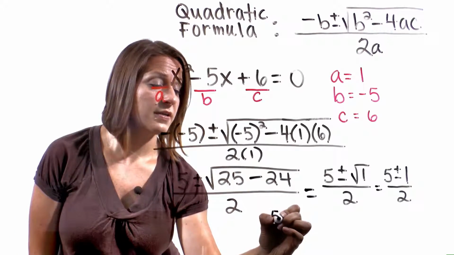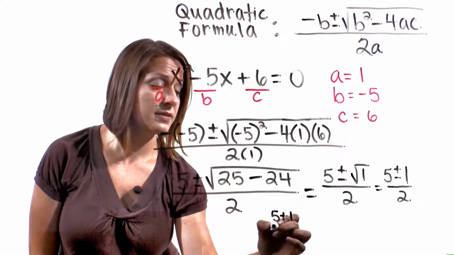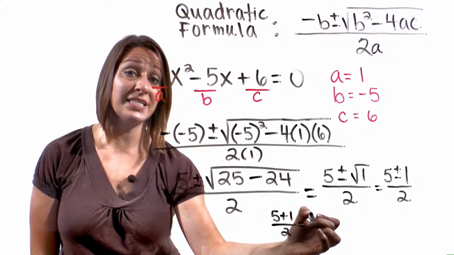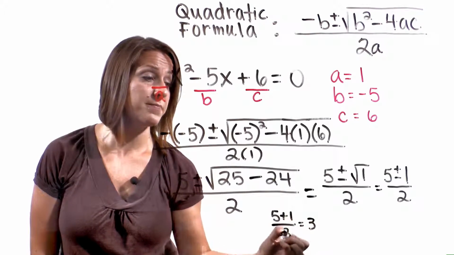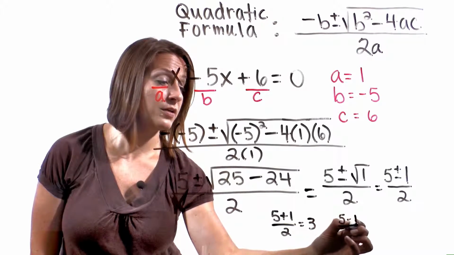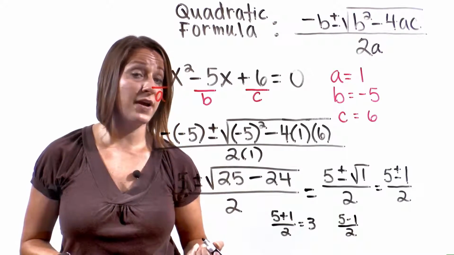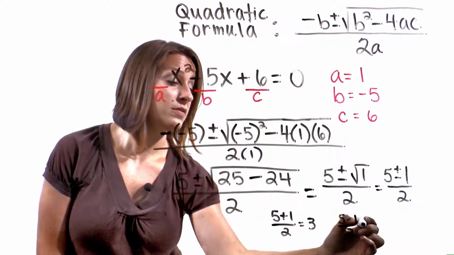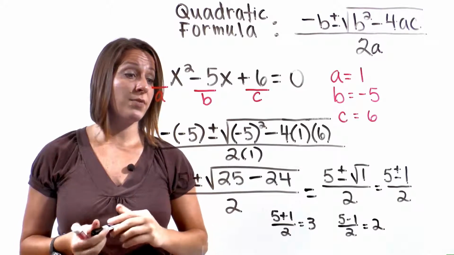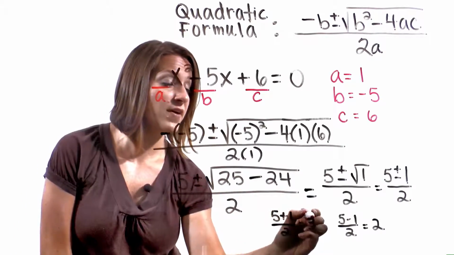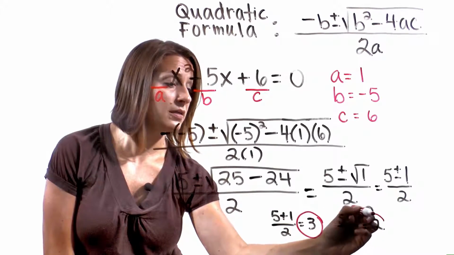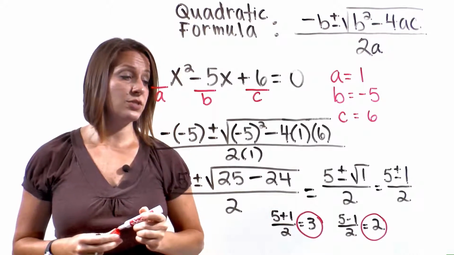So 5 plus 1 divided by 2 would be 6 over 2, which is 3. And 5 minus 1 over 2, 5 minus 1 is 4, divided by 2 is 2. So for this problem, we get down to our final answer, which is x equals 3 and x equals 2.